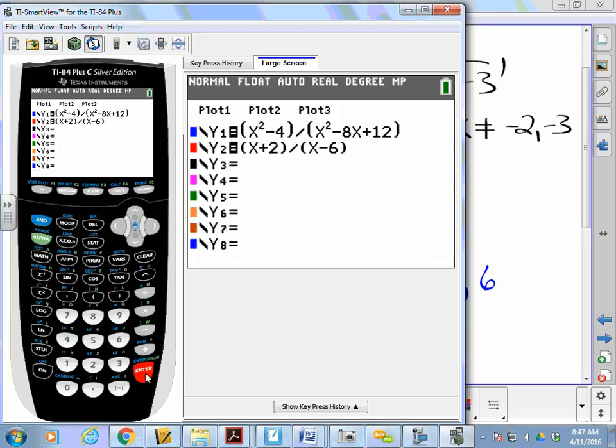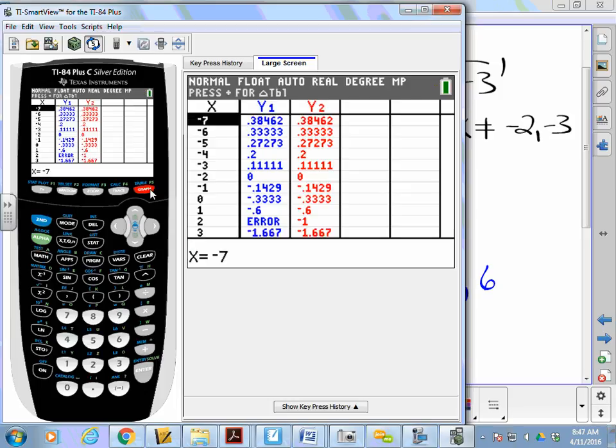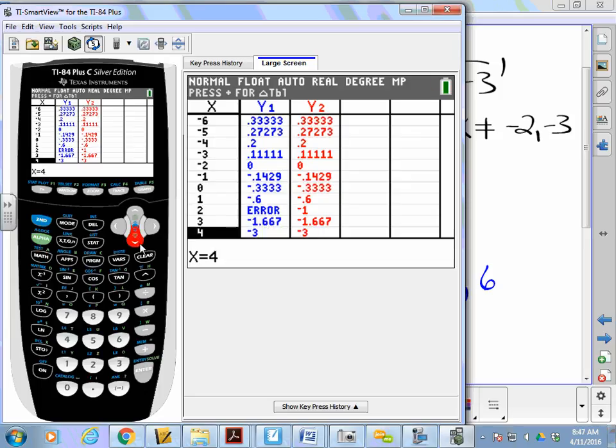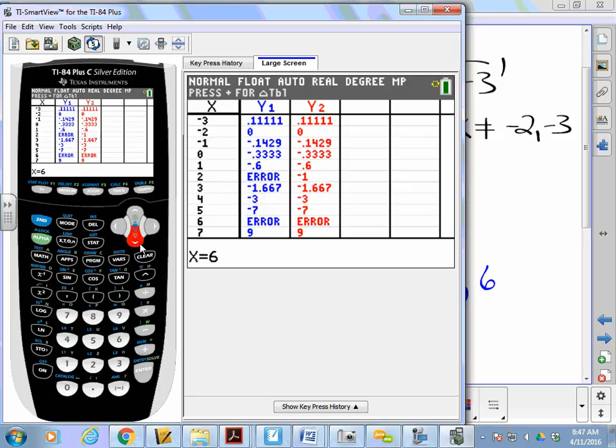I really don't care about the graph in this case because the table is much easier to check them to see if they're right. So I'll go right to the table and look to see if my answers are the same. We should see an error at positive 2 and an error at positive 6.